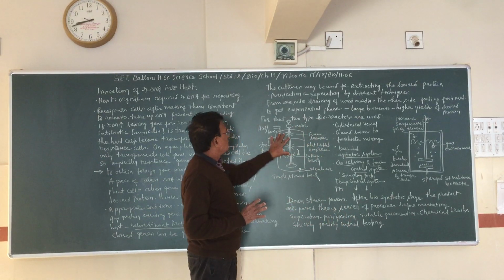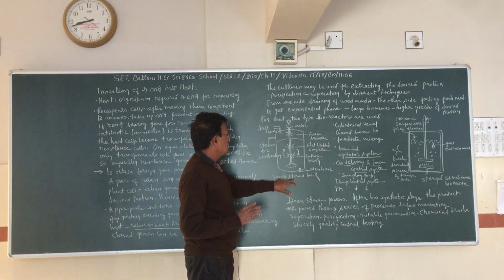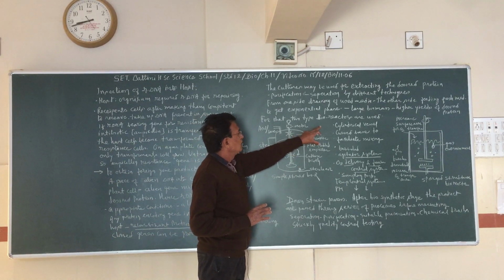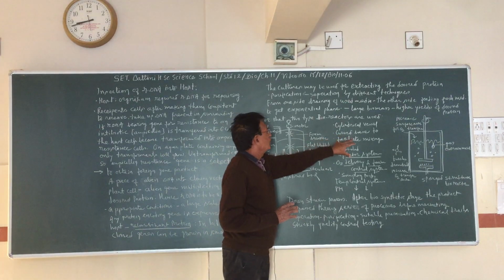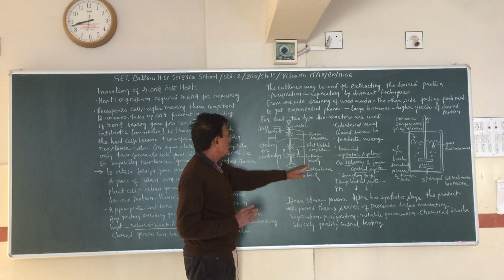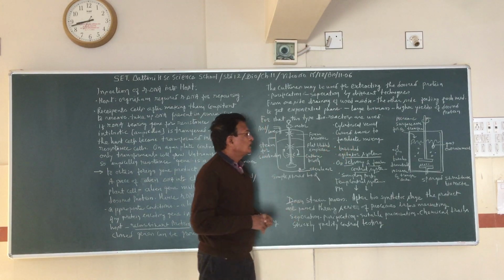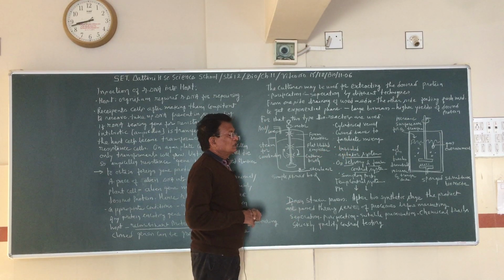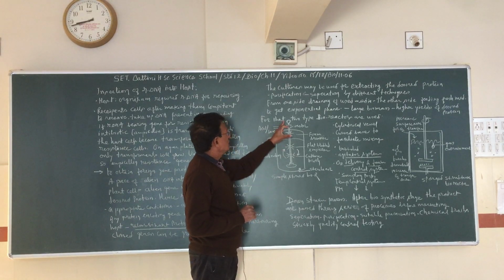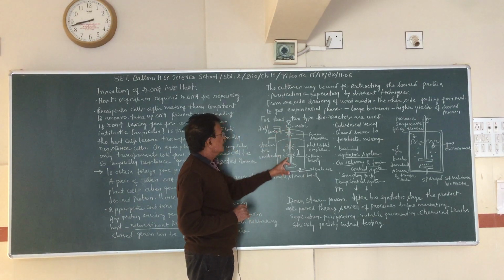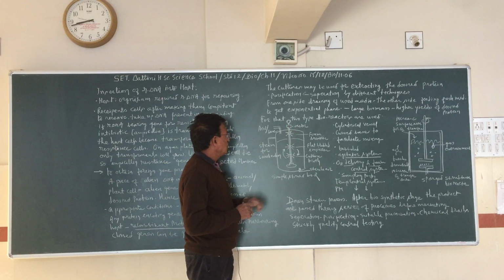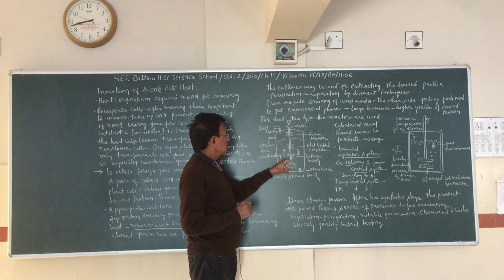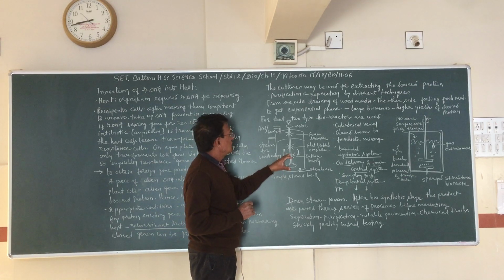Now see, the simple stirred bioreactor is a cylindrical vessel with a curved base, so that the mixing, that is the blending, can be done uniformly. Just in the middle there is an axis which can be rotated with the help of a motor. This axis has the impellers.